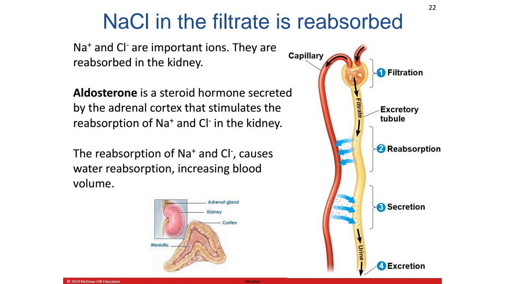This hormone stimulates the reabsorption of sodium and chloride in the kidney. So sodium and chloride end up in the filtrate together with other solutes such as glucose. Sodium and chloride are reabsorbed. As they're reabsorbed, water follows osmotically. In other words, the filtrate becomes more dilute, and there's therefore a higher water concentration in the filtrate compared to the interstitial fluid, and water then moves down its concentration gradient.